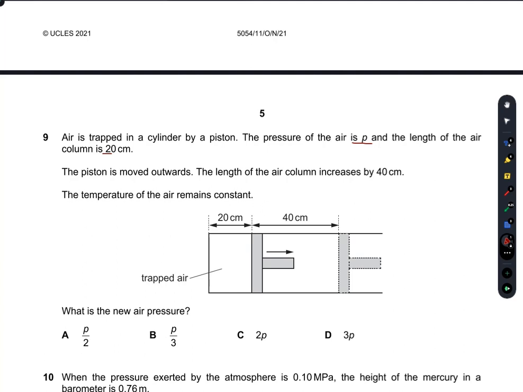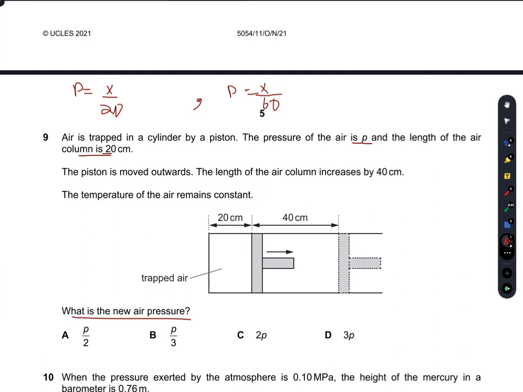So the air is trapped in a cylinder by a piston. The pressure of the air is P and the length of the air column is 20 centimeter cube. Force, I think, is constant here. Initially it was 20. Now it is 20 plus 40, that is 60 centimeter cube. So what is the new air pressure?